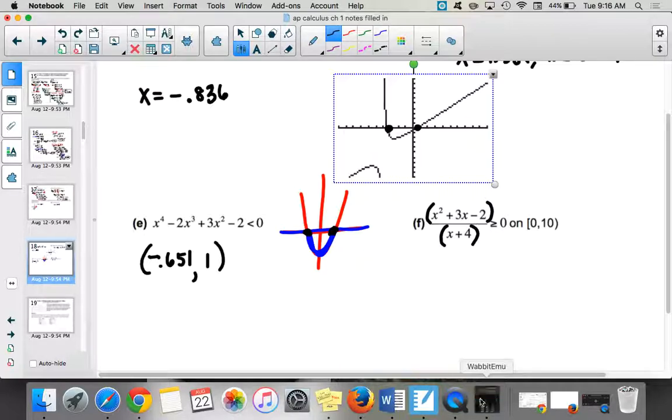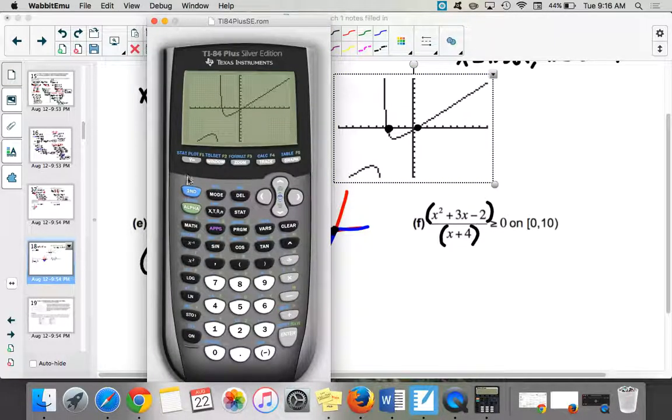Okay, so second trace. We're finding the zeros. So left bound, right bound, enter. So it looks like 0.562.